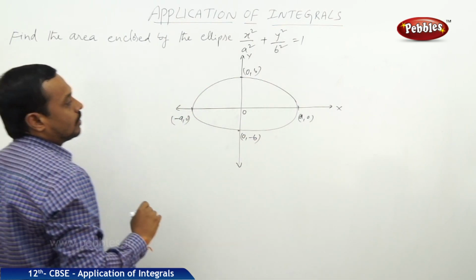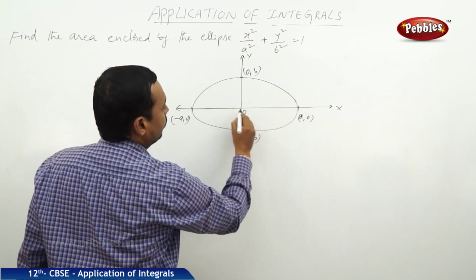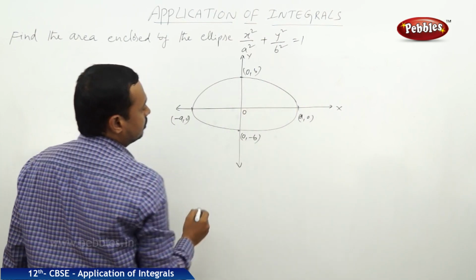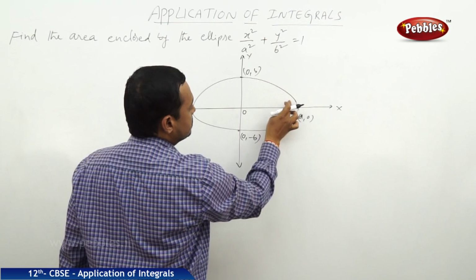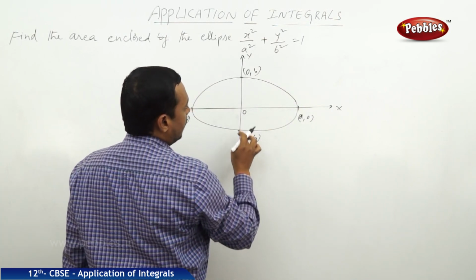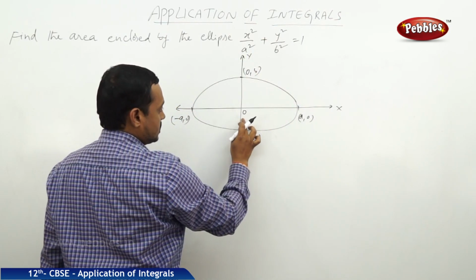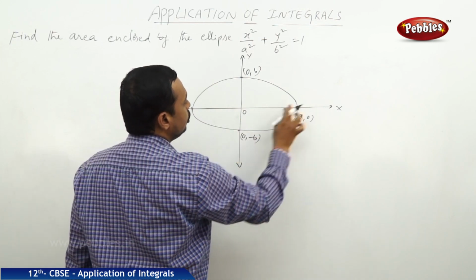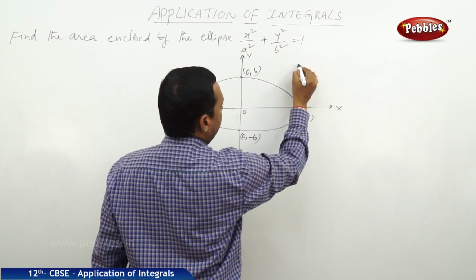Okay. Right now we are going to find area of this portion which is above the x-axis and defined between x is equal to 0 and x is equal to a.